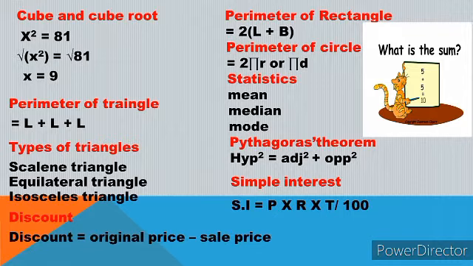For example, s squared equals 81 is not the final answer because s squared is still raised to power 2. So when you have a square on top of an unknown, you root both sides. If you have raised to power 2, you root both sides. If you have raised to power 3, you take the cube root of both sides.